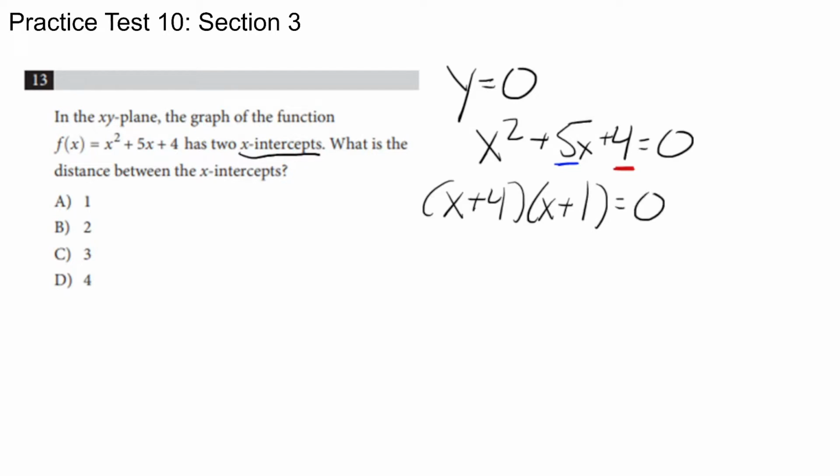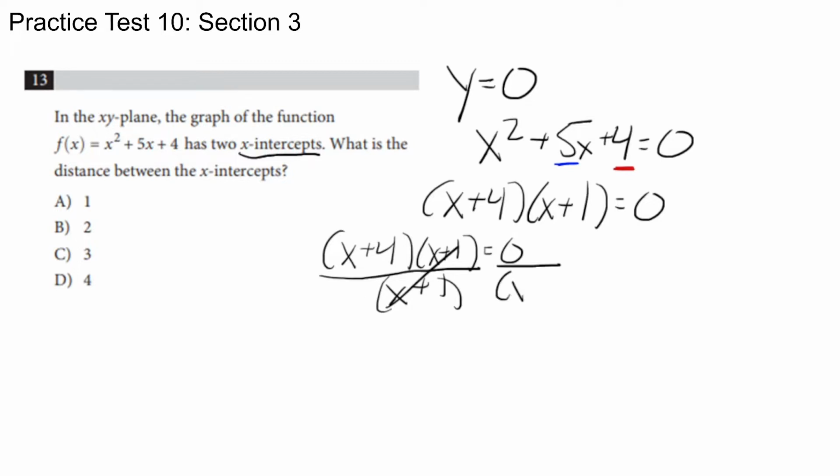So now I'm looking for my two x-intercepts. I'm just going to rewrite my equation: (x plus 4) times (x plus 1) is equal to 0. If I'm looking for a value of x, what I can do is divide both sides by x plus 1. It'll cancel out on the left, and if I divide 0 by x plus 1, 0 divided by anything will just give me 0.